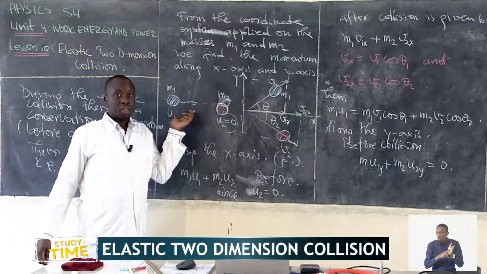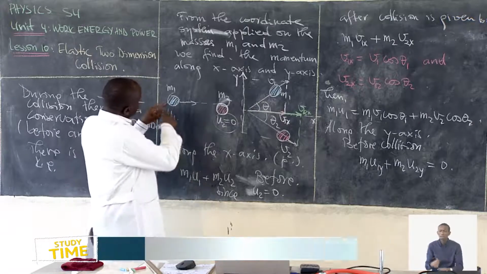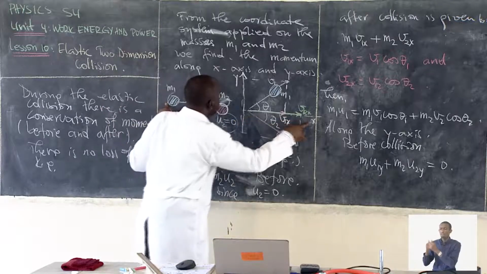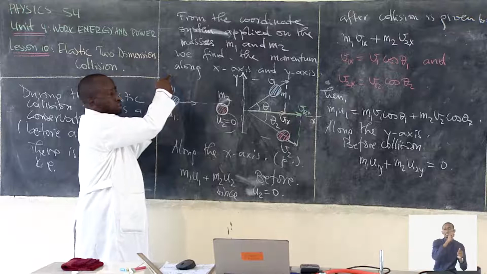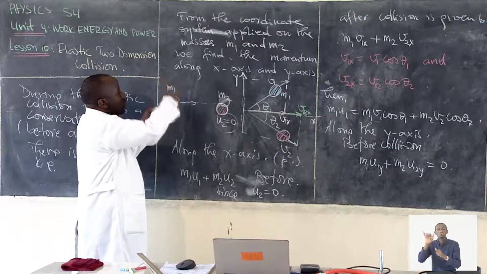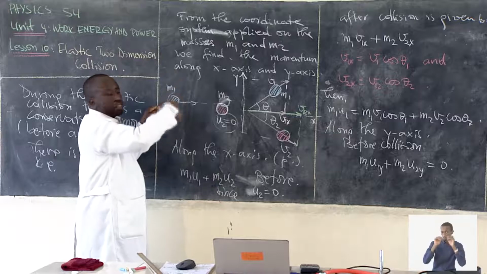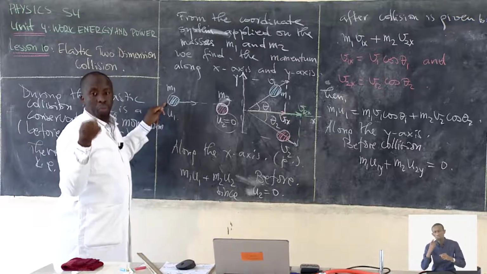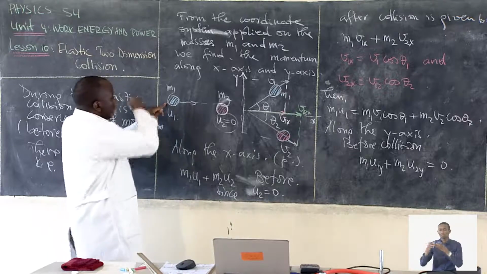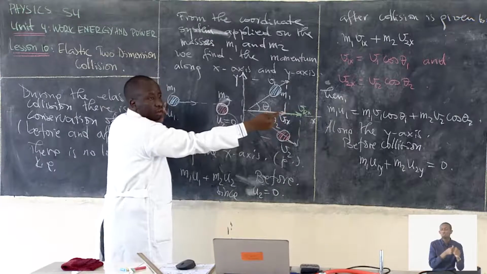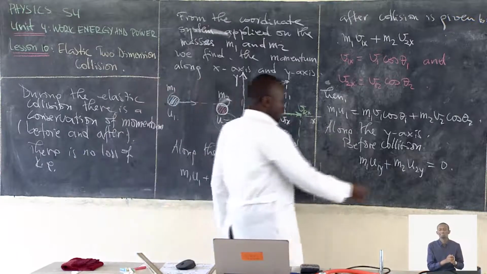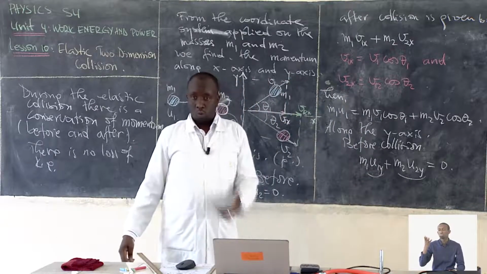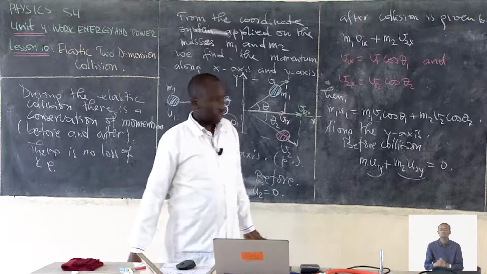That's good, because ball 1 is following only the x-axis, and it is not following the y-axis. In other words, if it was bouncing back, moving up and down, then we could find a component along the y-axis. But now it is moving on a straight line. That's why this one is 0 and this one is 0. We don't have velocity along the y-axis, so that is 0.